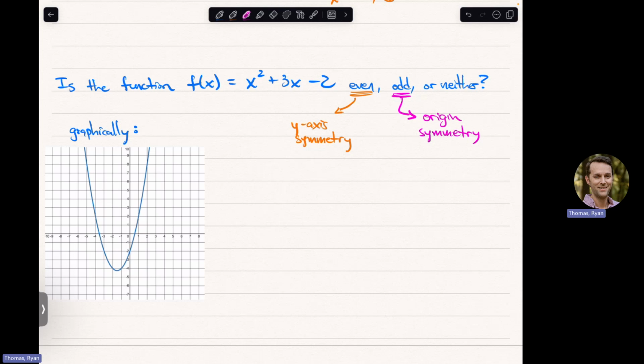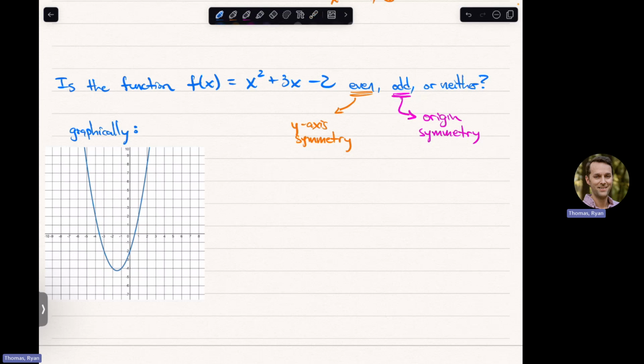If a function has y-axis symmetry, then it is even. If it's an even function, then it has y-axis symmetry. Similarly for odd, if a function has origin symmetry, then it's odd. If it's odd, then it has origin symmetry. So for our purposes, these are almost interchangeable terms. They're kind of talking about different things, but they go together. So if we can tell one, then we know the other.